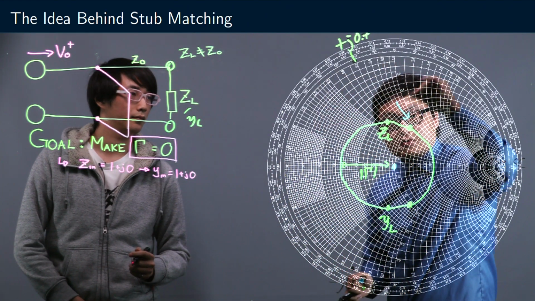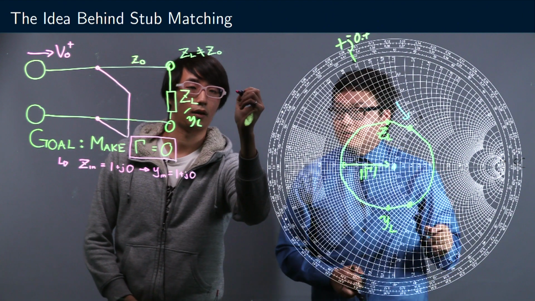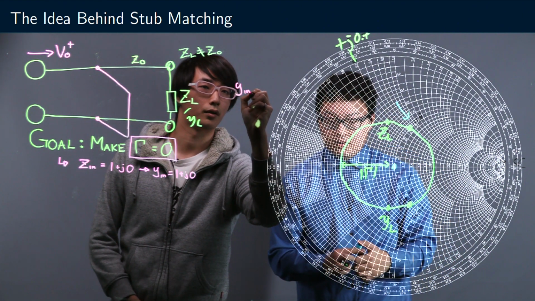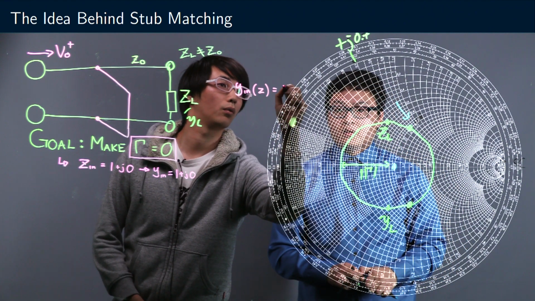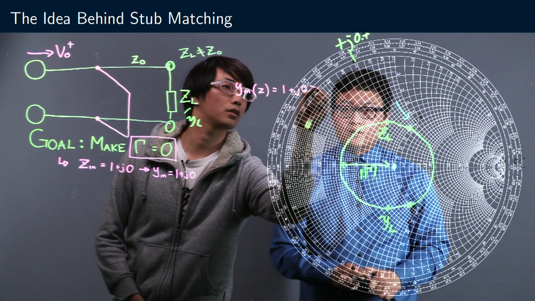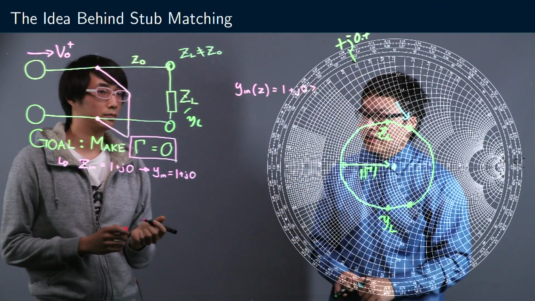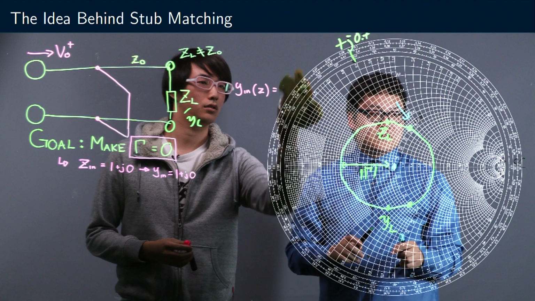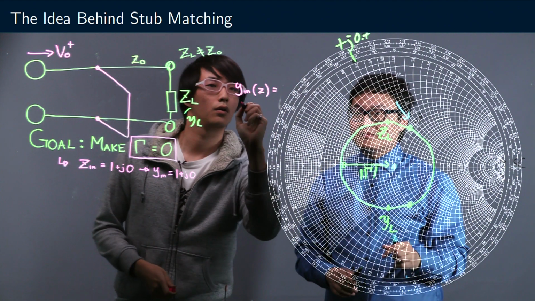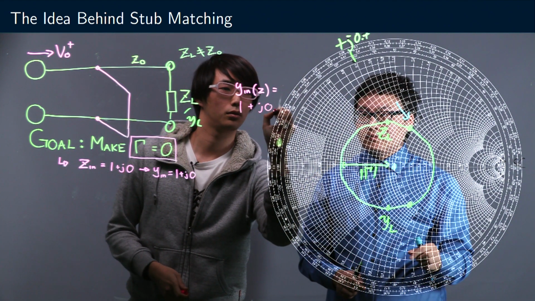So let's say that would be the input admittance at Z, equal to 1 plus j 0.7. It's a little bit blocked by the Smith chart, actually. Okay, so right, 1 plus j 0.7.